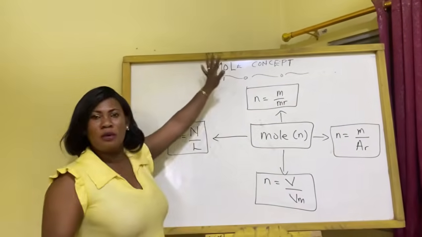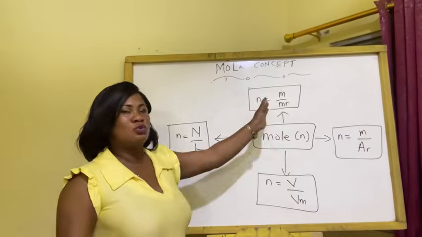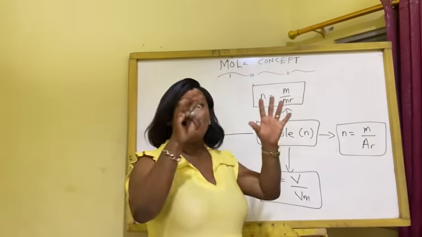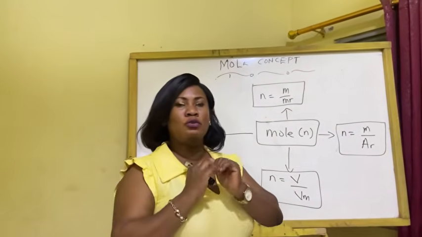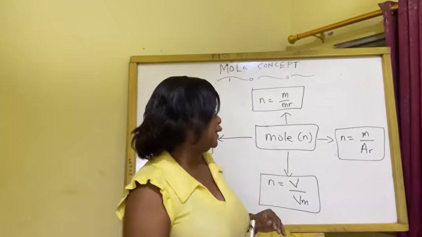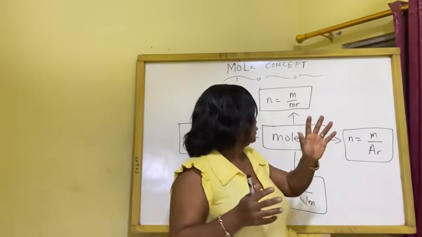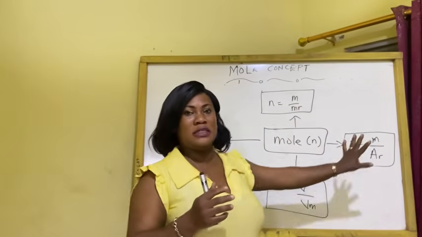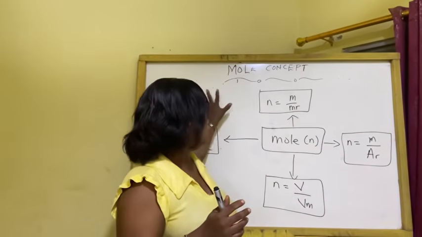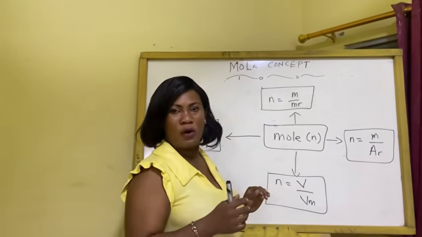So this is how the mole is also related to other substances. If you want to summarize what we've learned today, then we are talking of the amount of substance which is related to all these quantities. That is why we have made this simple table for us.